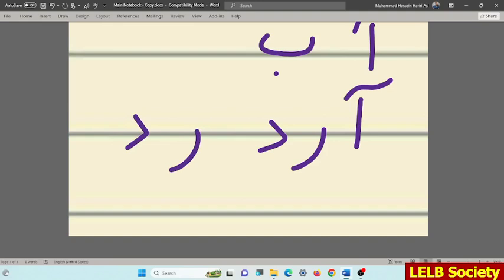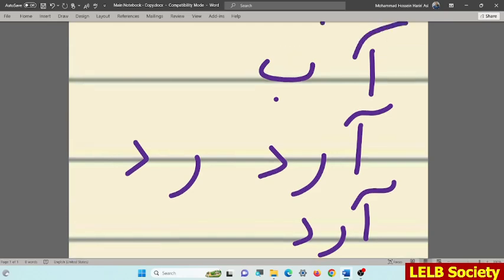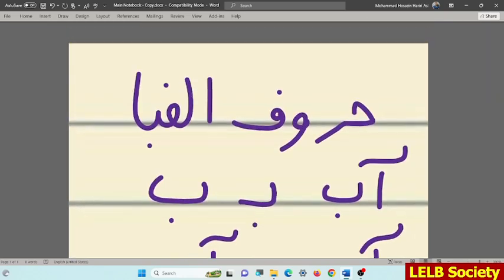Okay, so this is ard. And ard means flour, a material that you need to use to bake bread. So you mix it with water and you bake or make, for example, cakes or bread.